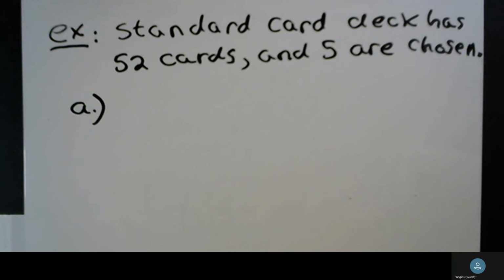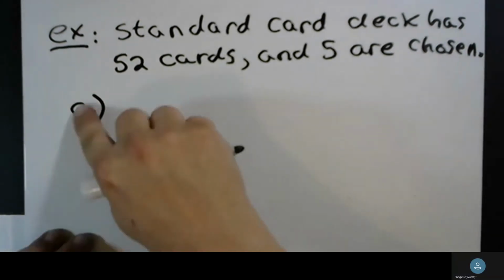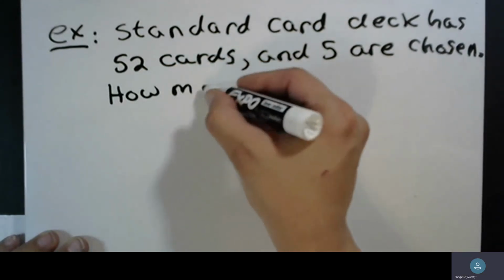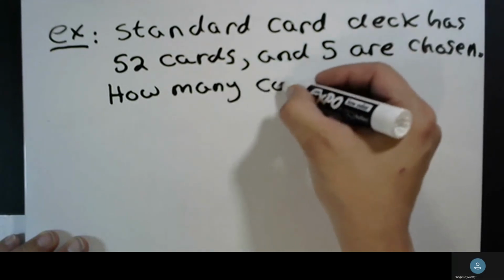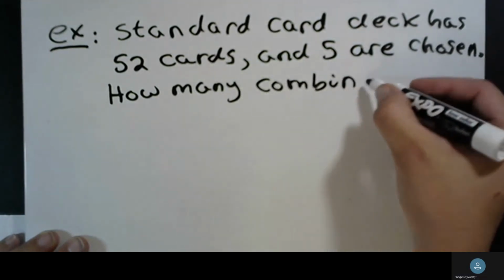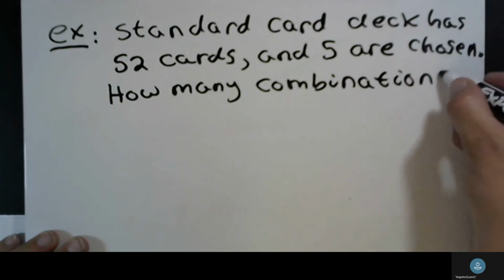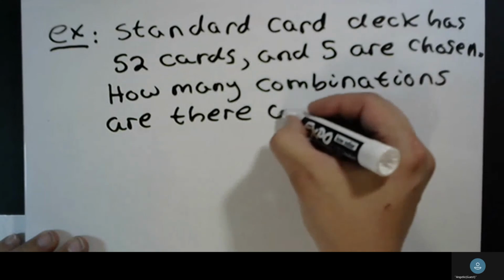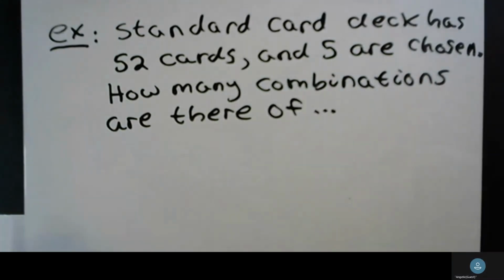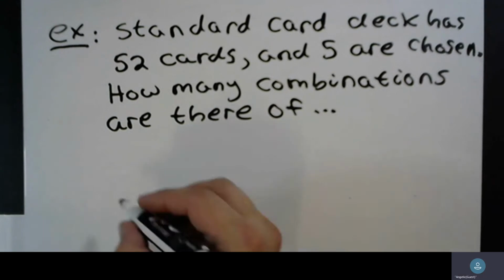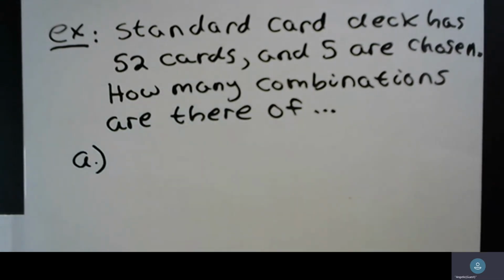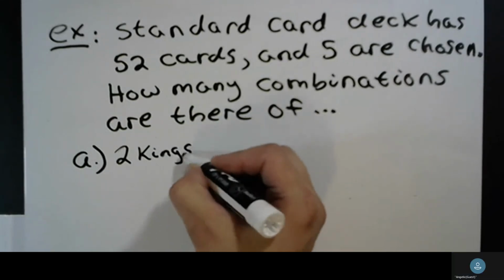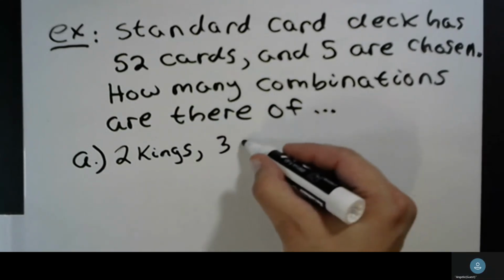So what we want to find out, how many combinations, before we get to part A, are there of, and then we can put in our part A, 2 kings, 3 queens.